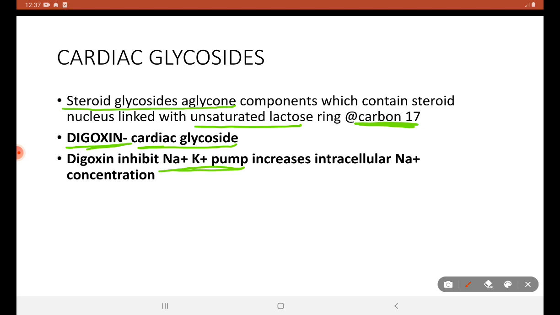It inhibits the sodium-potassium pump and increases intracellular sodium concentration. So cardiac glycosides are steroid glycosides, an aglycone compound which contains a steroid nucleus linked with an unsaturated lactone.